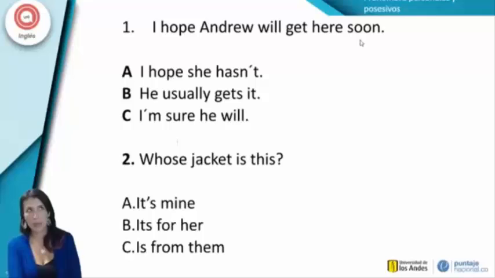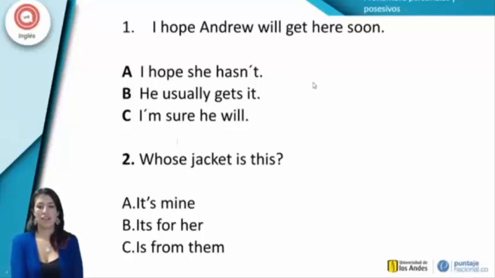Espero que Andrew llegue pronto. The first answer, I hope she hasn't. That is incorrect. Why? As Julian says, it's because it's using she. That is the incorrect personal pronoun because Andrew is a man. And the personal pronoun for Andrew is he. Okay? So A is not the answer.